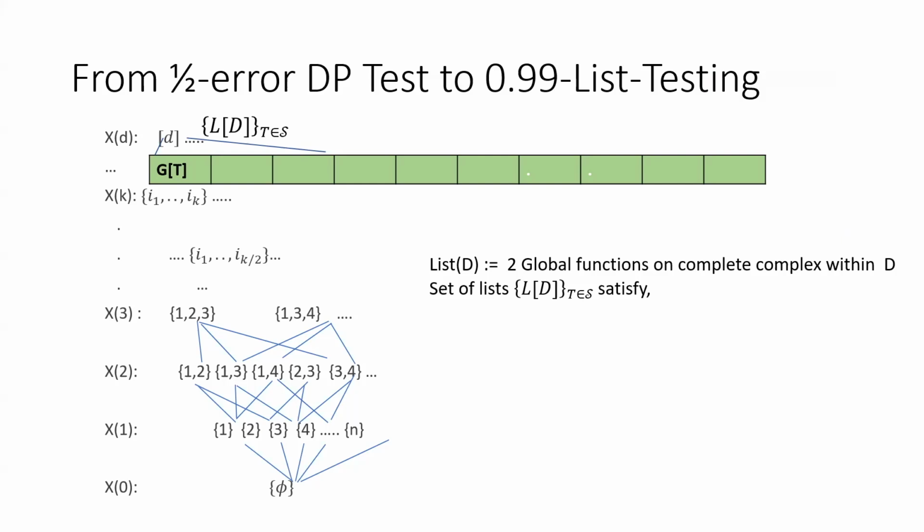Okay, and in this way, we'll construct a list for every D set above. And then it requires some work, but you can show that these lists are consistent, which means that if you take 2 random D sets which intersect in square root D, and then project these 2 lists to the intersection, they will be equal or almost equal with probability 0.99.